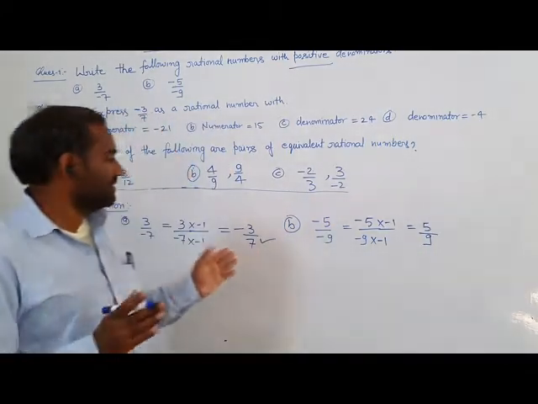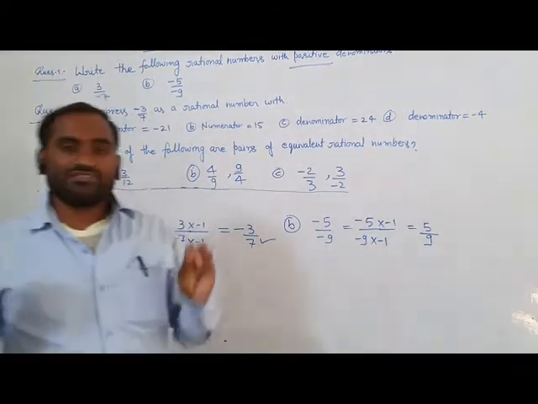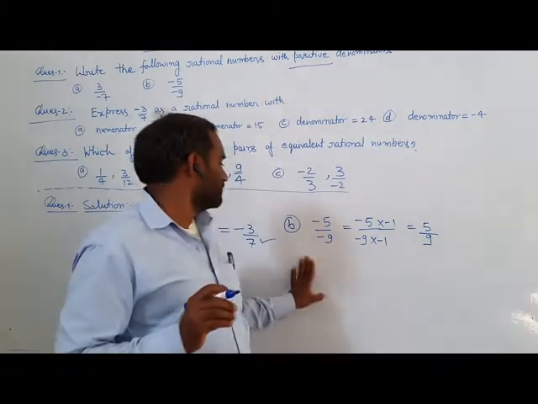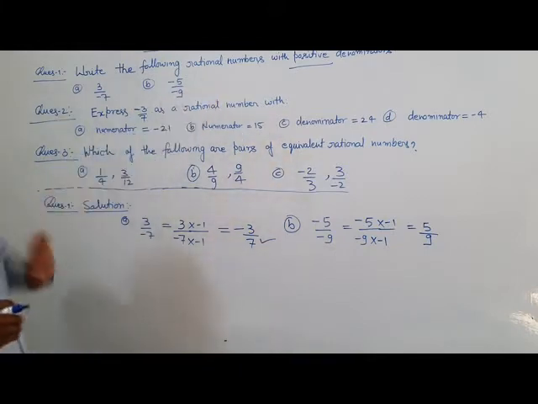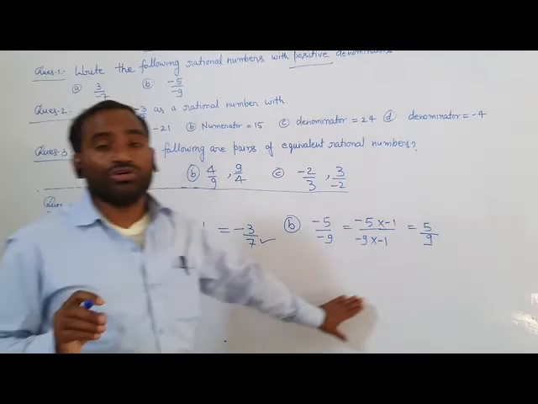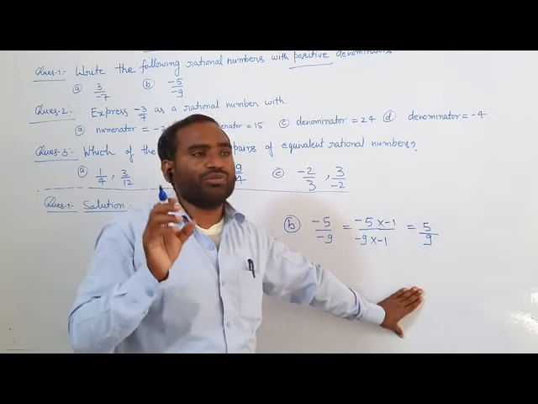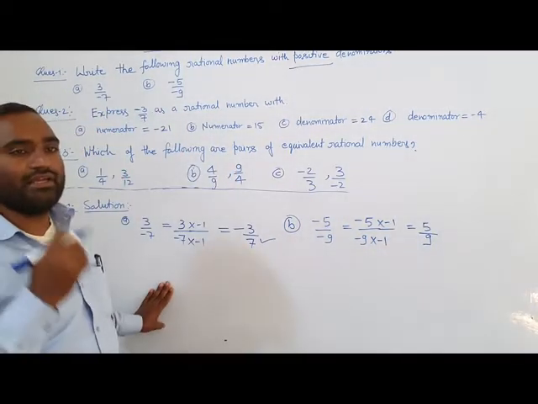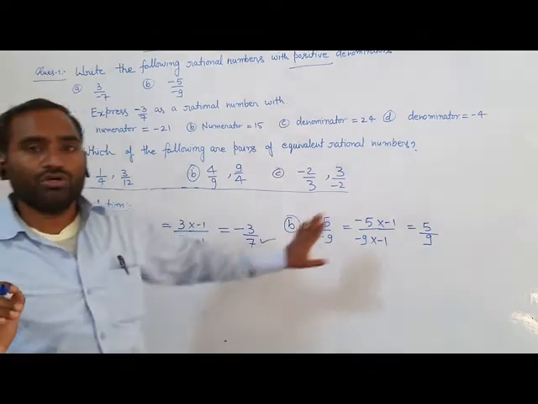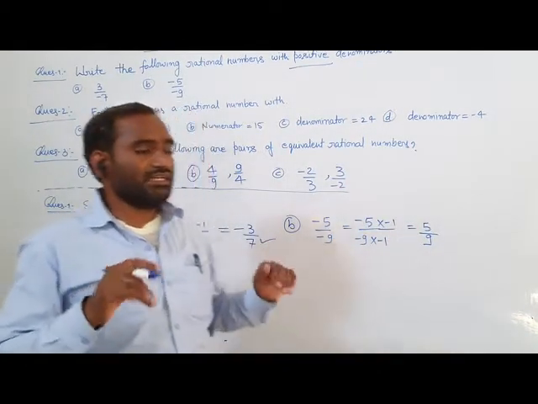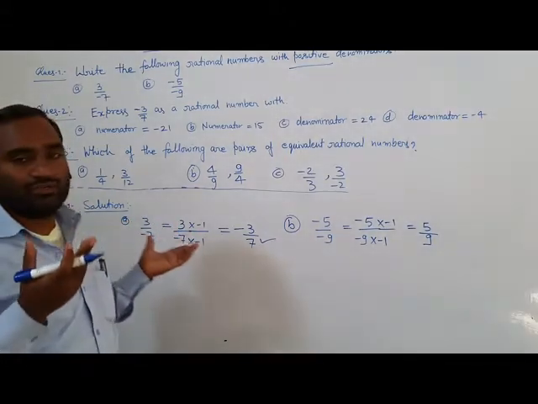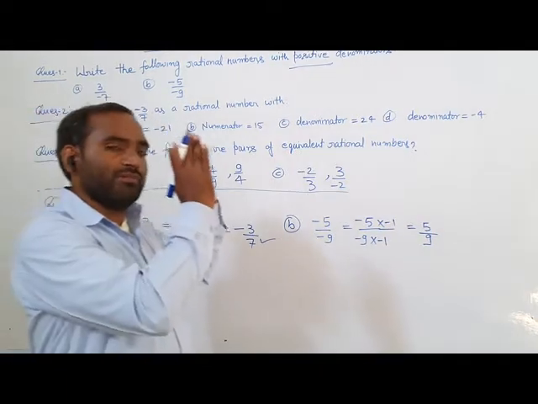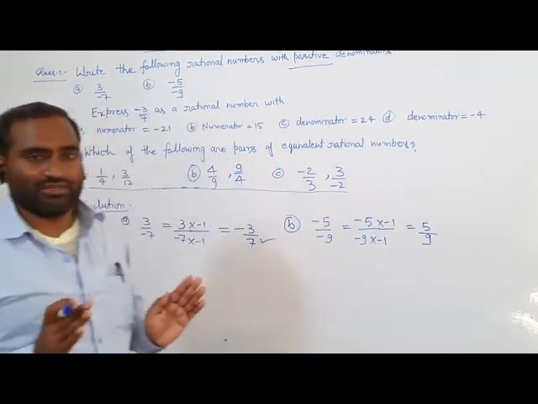Here one fact: we know that division of same sign is positive. So according to the question we have changed the denominator into positive. किसी भी डिनोमिनेटर को अगर पॉजिटिव बनाना है, अगर नेगेटिव दिया है तो -1 से मल्टीप्लाई डिनोमिनेटर में भी करते हैं और न्यूमरेटर में भी करते हैं. इसी तरह से अगर न्यूमरेटर को पॉजिटिव बनाना है, अगर नेगेटिव दिया है तो न्यूमरेटर में भी -1 से मल्टीप्लाई करते हैं और डिनोमिनेटर में भी.